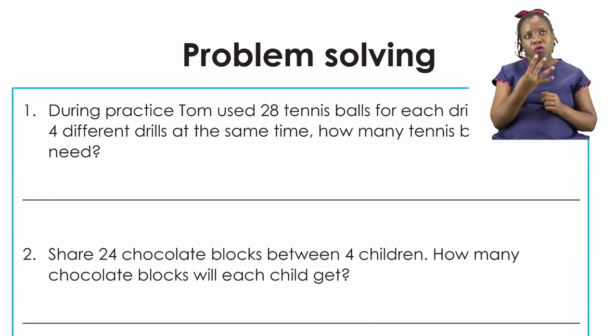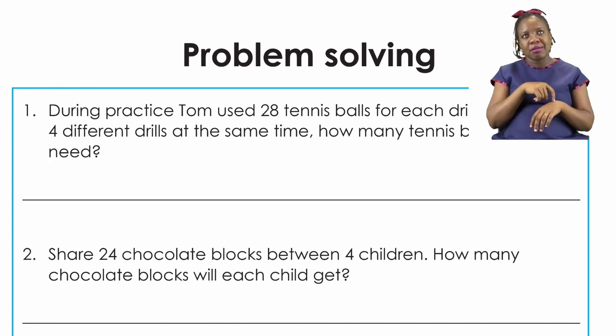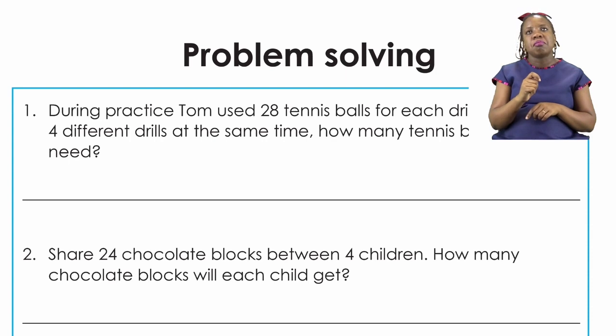Let's quickly read it one more time. During practice, Tom used 28 tennis balls for each drill. Now, if he runs 4 different drills at the same time, how many tennis balls will he need? Now here, you have to try and solve the problem.